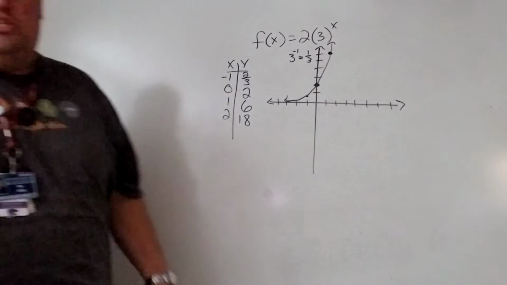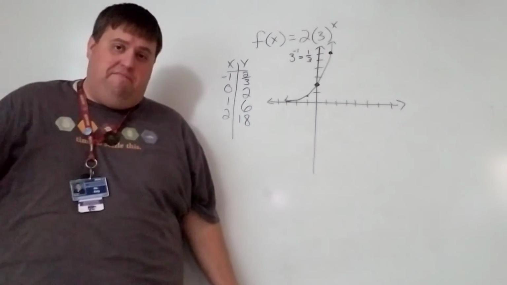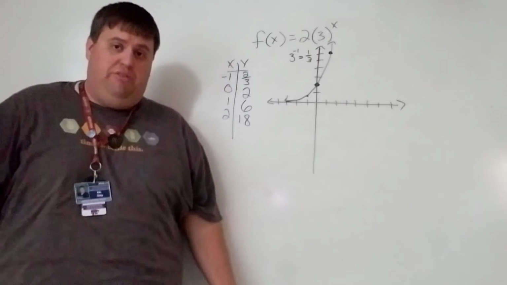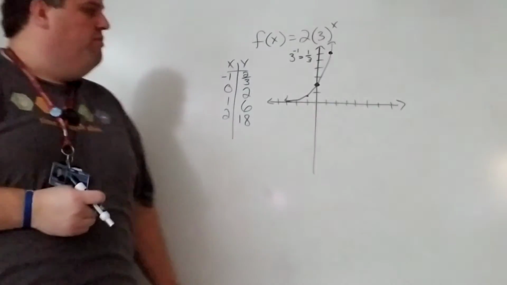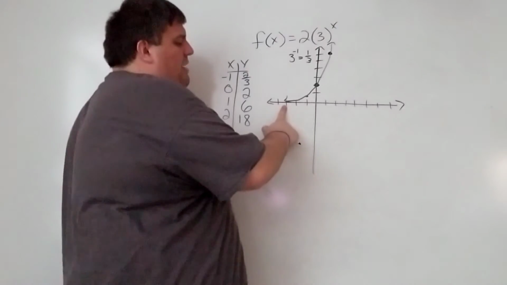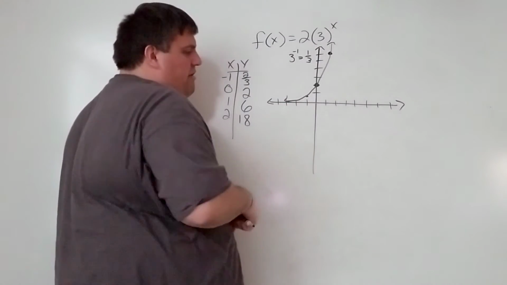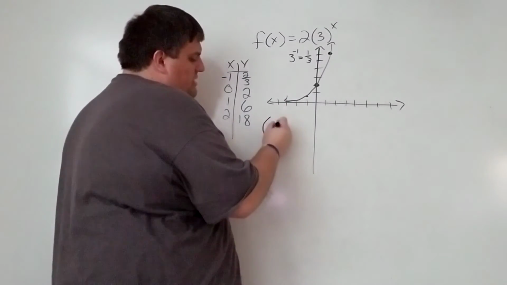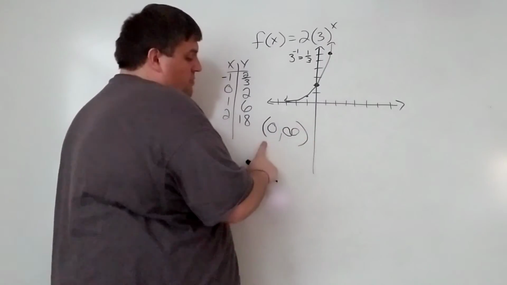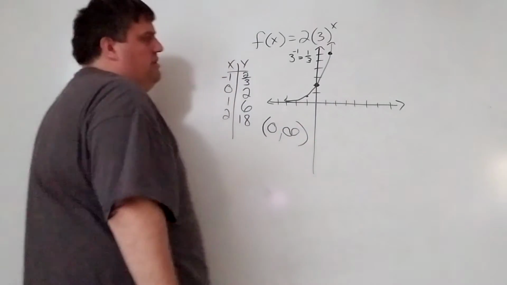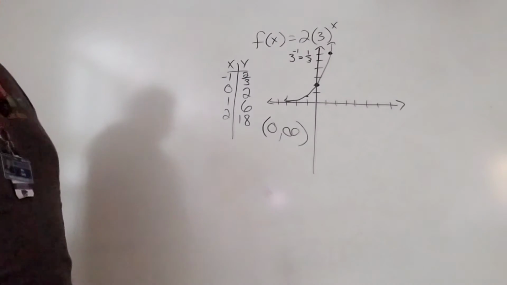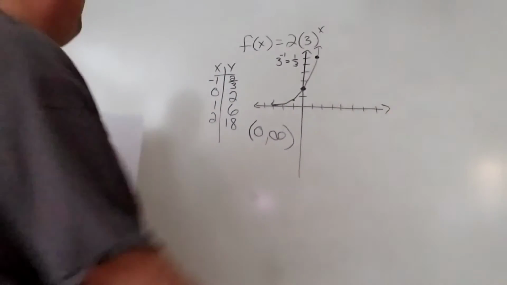We didn't have these questions, but the domain would be negative infinity to positive infinity, right? All real numbers is the domain. The range here would be where y is greater than 0. Or if you wrote it 0 to infinity with parentheses, right? It doesn't include 0. Very cool. So there's our exponential growth one.